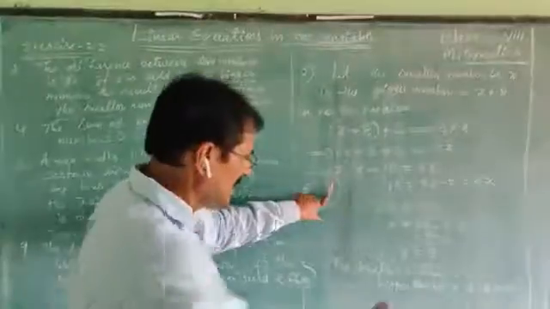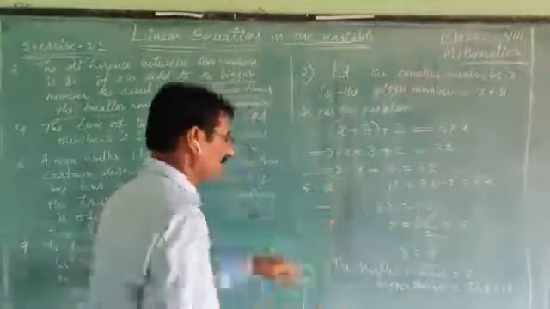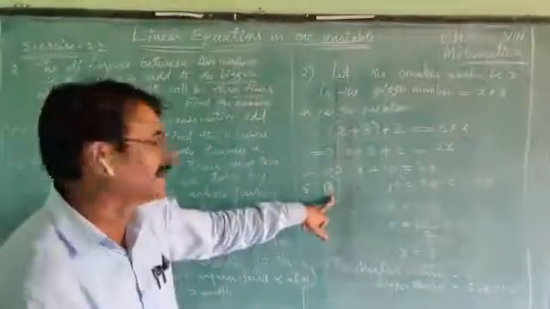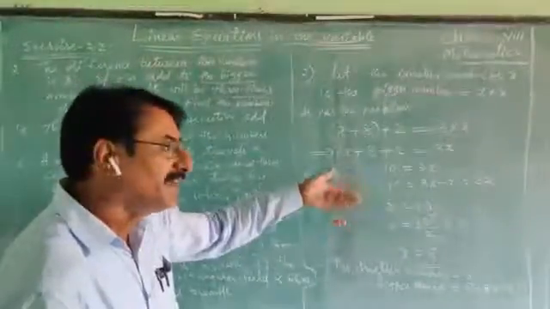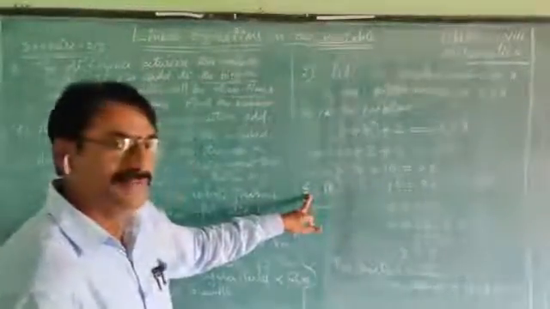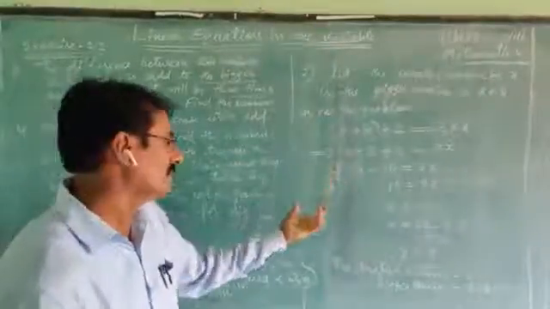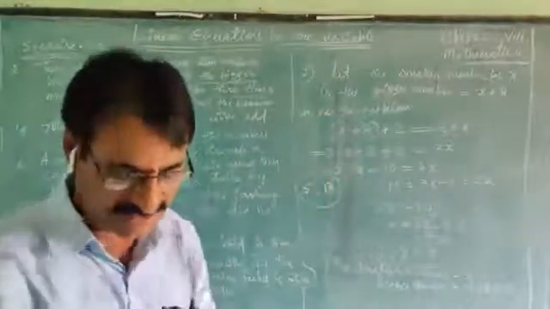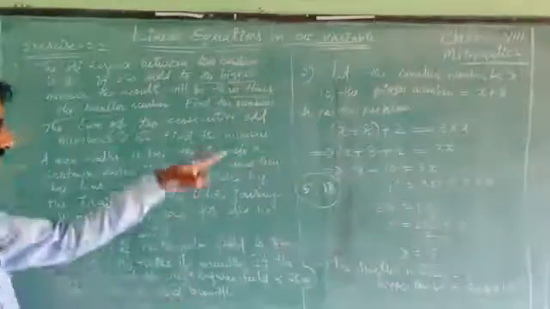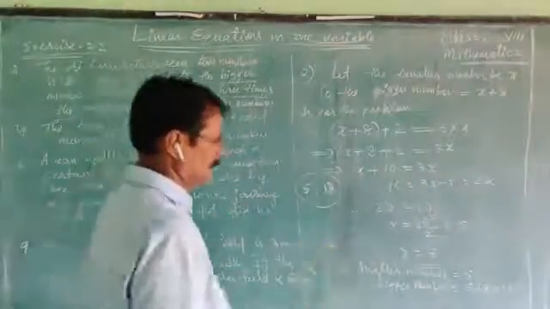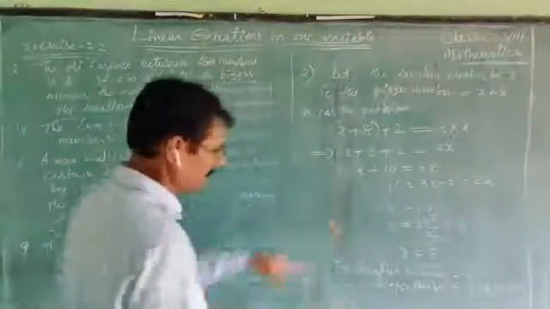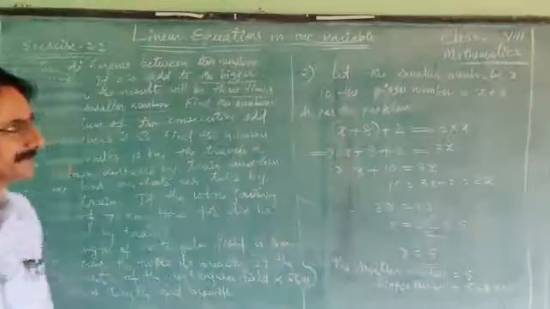If we add 2 to 13, we get how much? 15. 15 is 3 times 5. So these are the correct numbers. Do you understand that one? So this one is over, the solution of that sum.